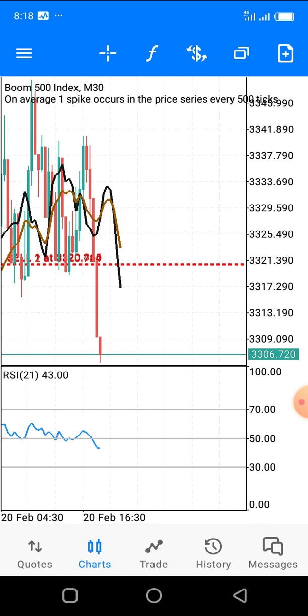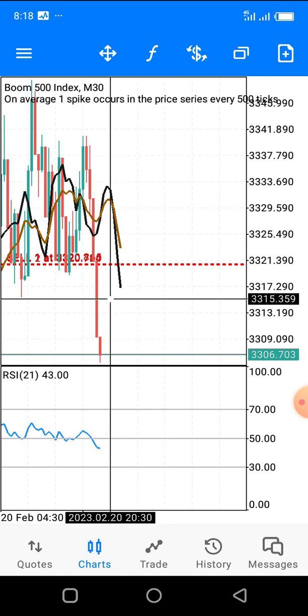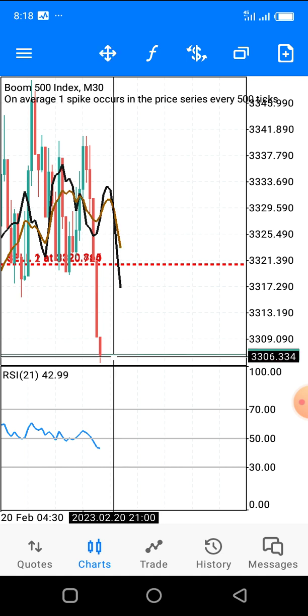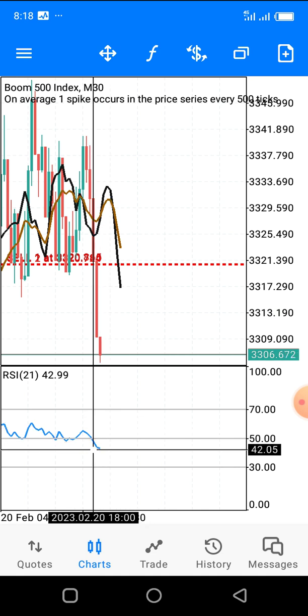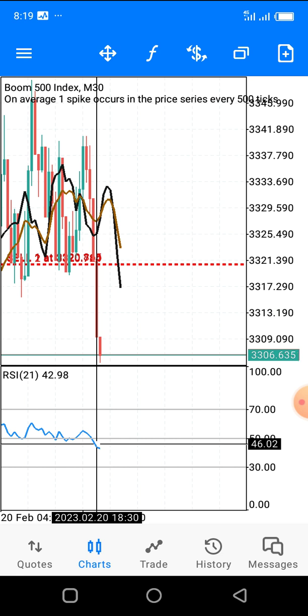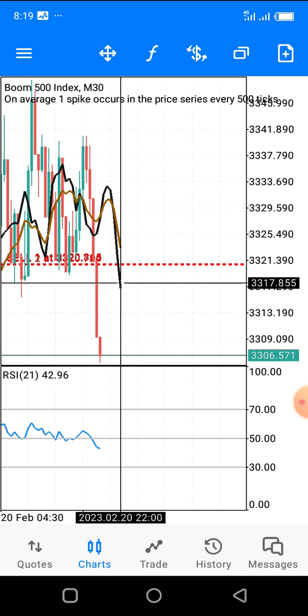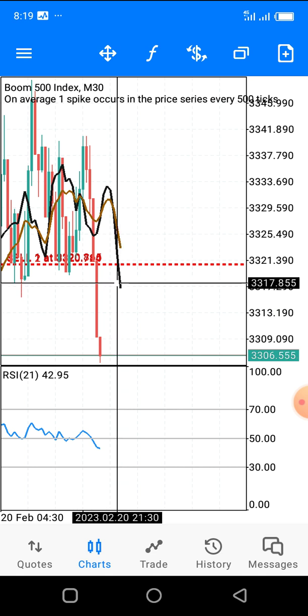That is, after a crossover has happened below, you wait, you check the RSI to see if it has crossed below 50 before you sell, if it is a sell signal. Seeing that the RSI has crossed below 50 means it is not a false signal. The crossover that happened on your chart is not false. It is very correct and 100%.